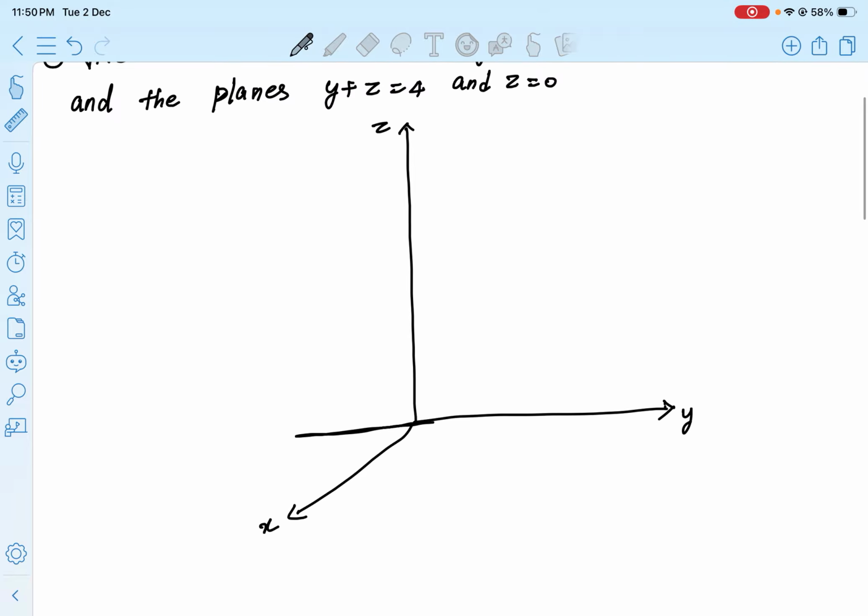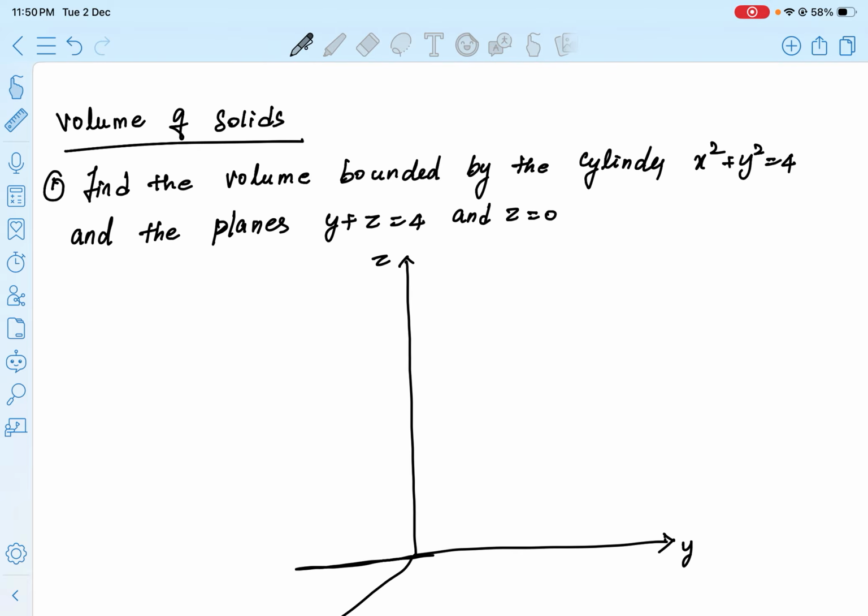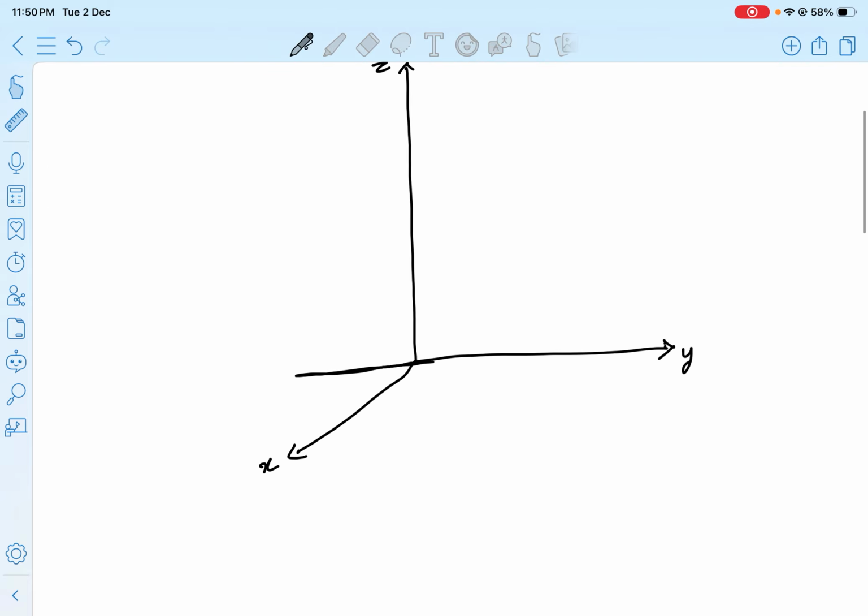So here, what are the x and y? So x square plus y square equal to 4. So it is in the form of a circle. So our x and y is in the form of a circle. So this is our x, this is our y.